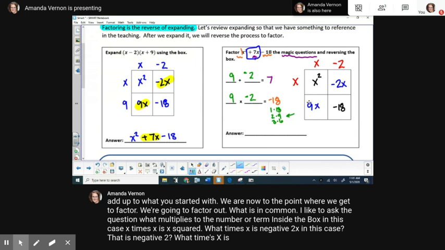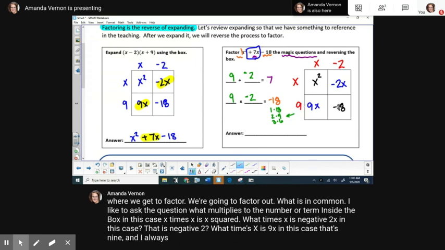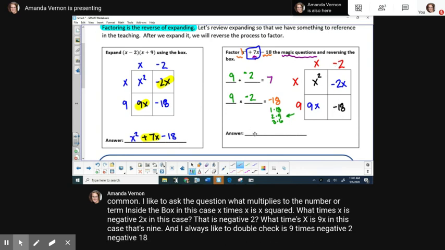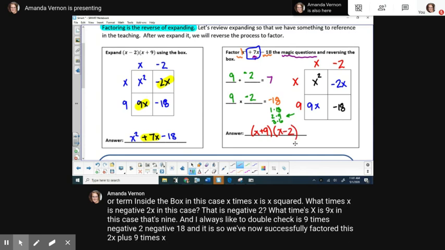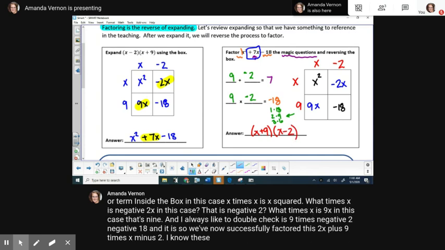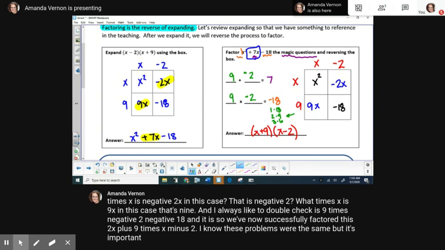In this case, that's 9. And I always like to double check, is 9 times negative 2 negative 18? And it is. So we've now successfully factored this to x plus 9 times x minus 2. I know these problems were the same, but it's important to see how they relate to each other and how expanding is connecting to factoring.